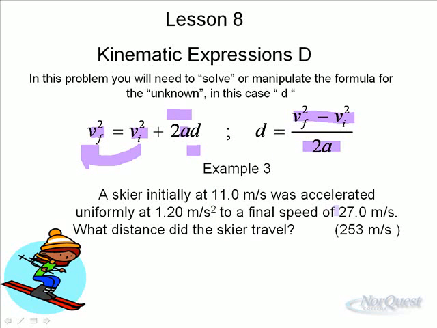Vf is 27.0, so 27.0 squared minus 11 squared, and then we divide by 2 times the acceleration, and we should get 253. A little error in the presentation here. There should be no per seconds here. It should be just meters. All right, 253 meters is the correct response. So down that hill, she went a distance of 253.